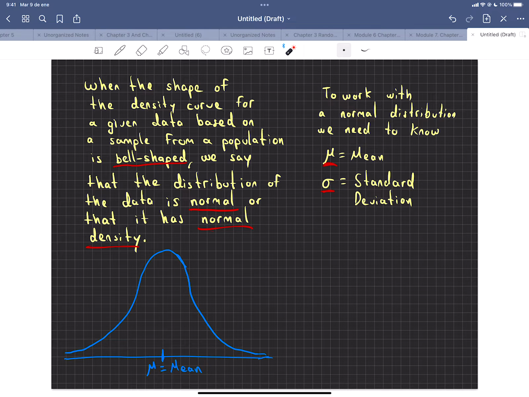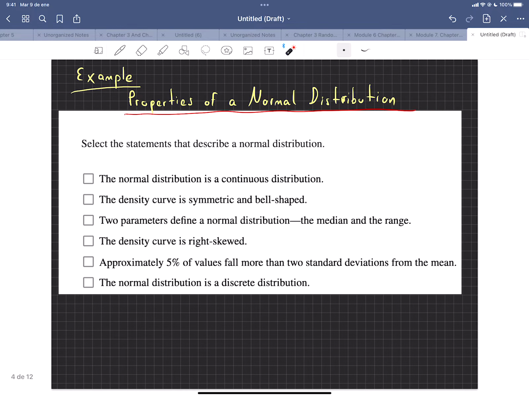Now, one example from Achieve. Properties of a normal distribution. It says, select the statement that describes a normal distribution.